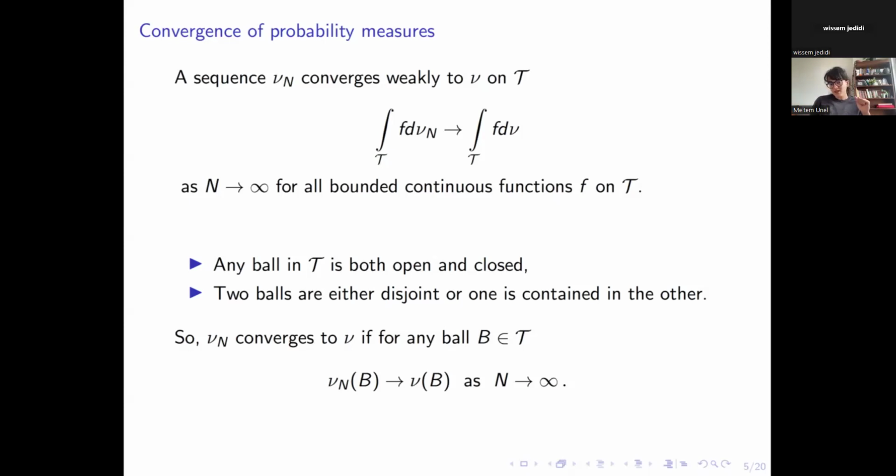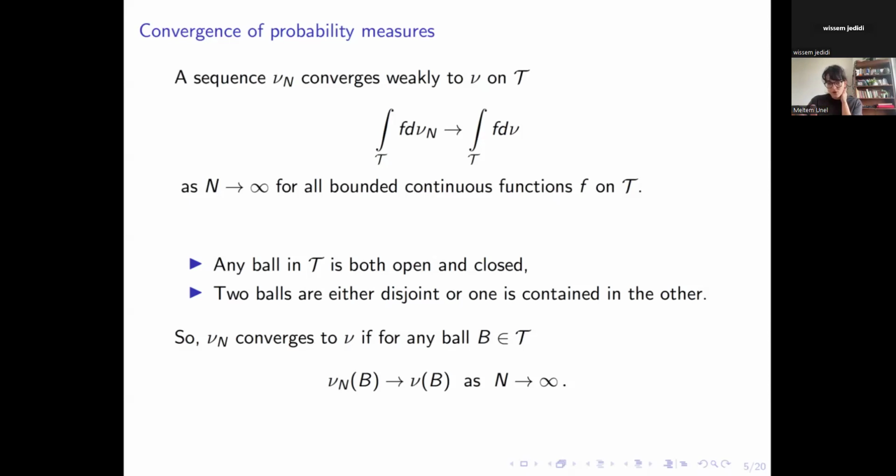First of all, any ball in T is both open and closed. In the classical literature, these are called continuity sets. And then two balls are either disjoint or one is contained in the other. It's very simple to see both of these statements.